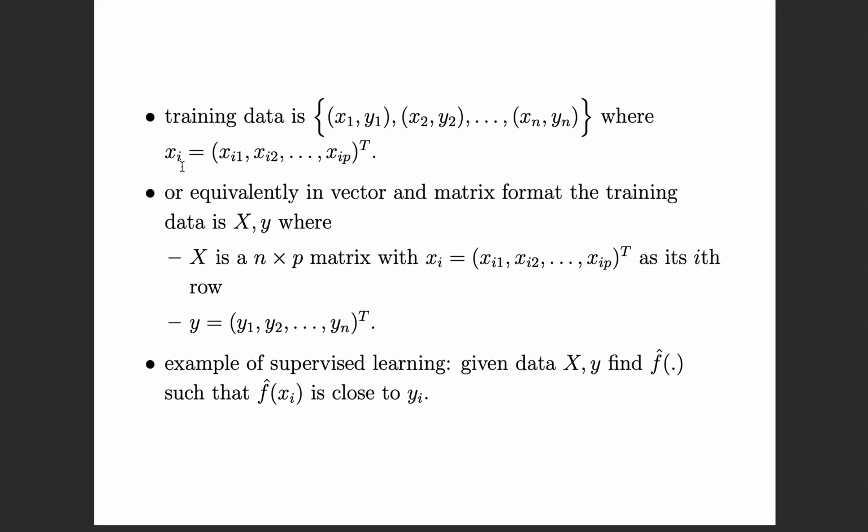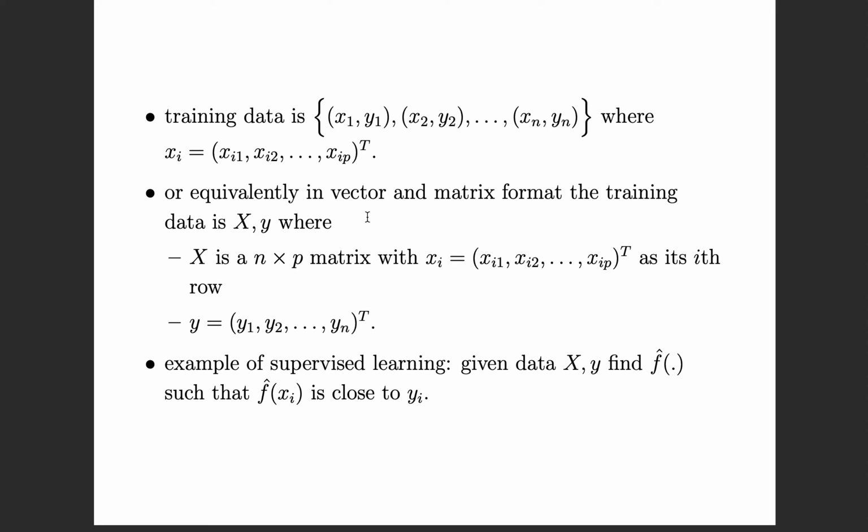Vector xi is a vector, and this vector has p features: feature 1, 2, 3, 4, up to p. And we have n data points. This is essentially supervised learning. Unsupervised learning does not have these y's. When it comes to supervised learning, this is how we present the data.